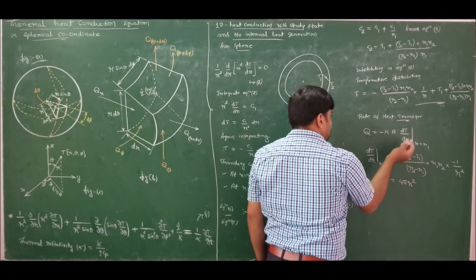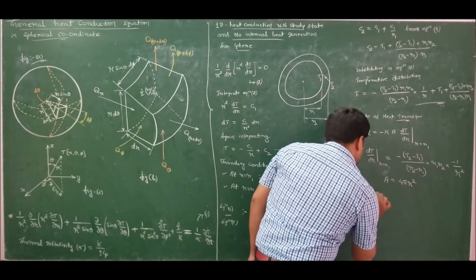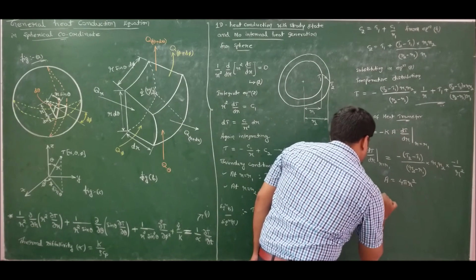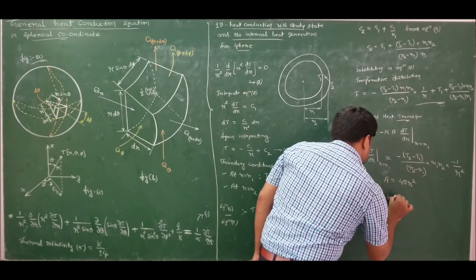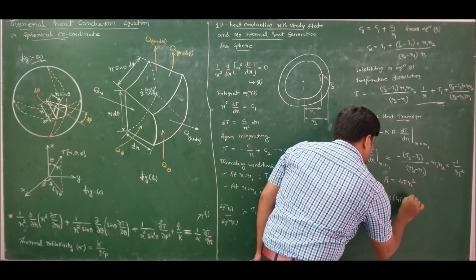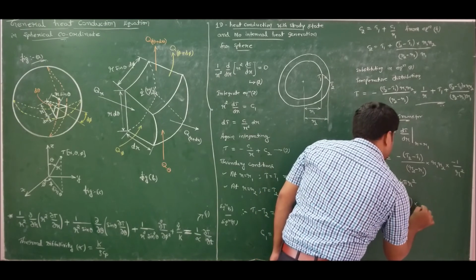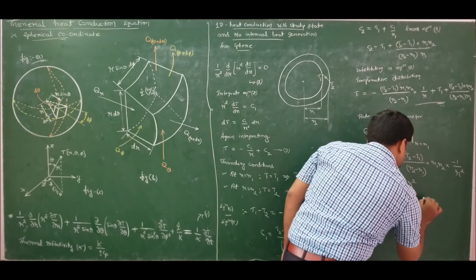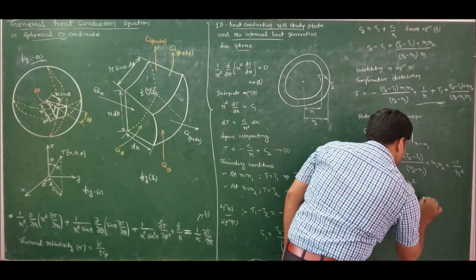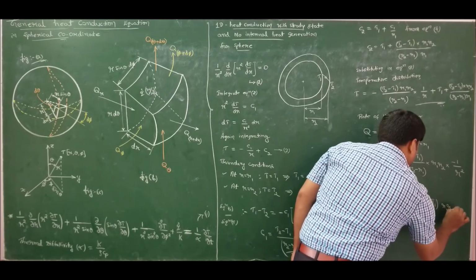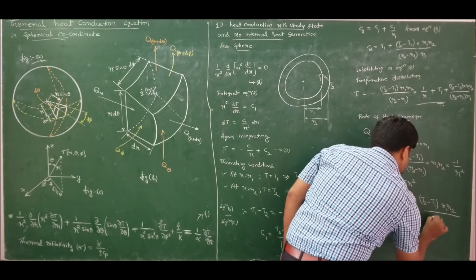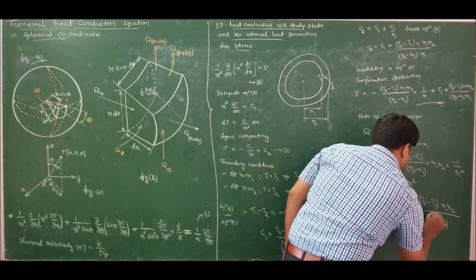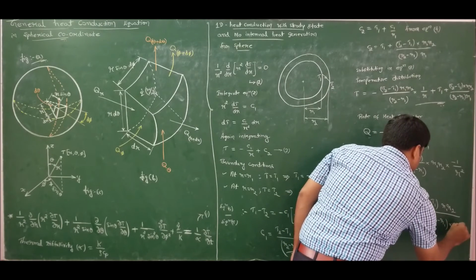Substituting the value of temperature gradient and area, you will get the rate of heat transfer as minus K 4 pi R square into the temperature gradient, which is minus of minus is plus, T2 minus T1 into R1 R2 divided by R2 minus R1 multiplied by R square.